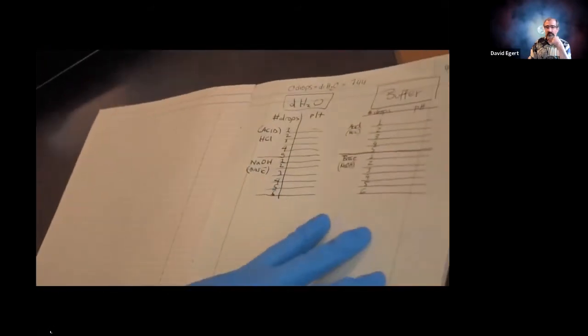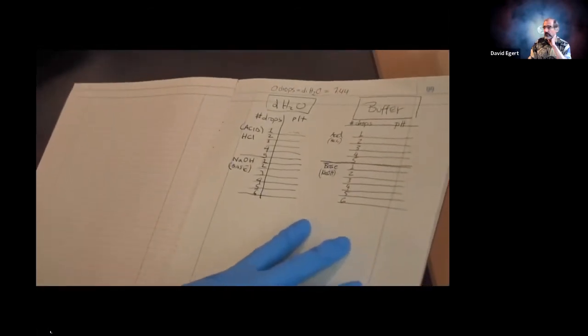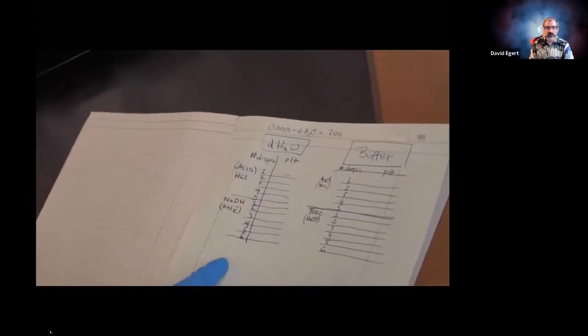Note that I have also already made a table to put my data in. This is really important. It's good practice because one, sometimes you don't have time to write this as you go along. And two, this makes a lot of sense because it shows you and me that you have read the procedures, you understand the procedures, you know what to do.